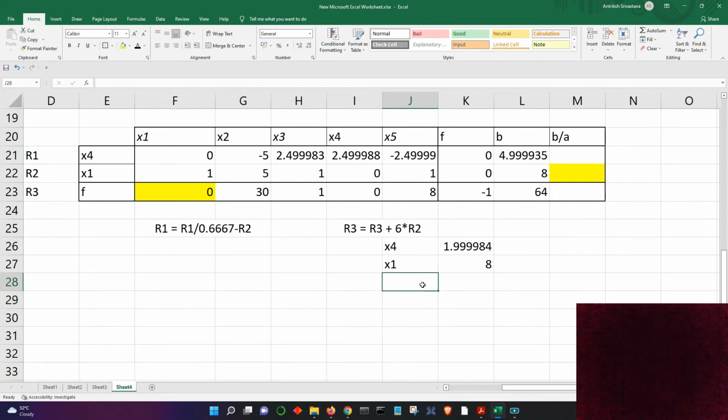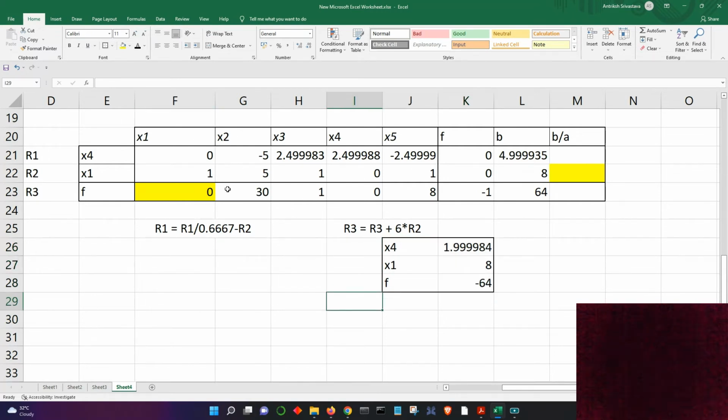And what is the value of f? Yes, but this value of f is minus 16. So now we have this new basic solution, and the others are of course 0.